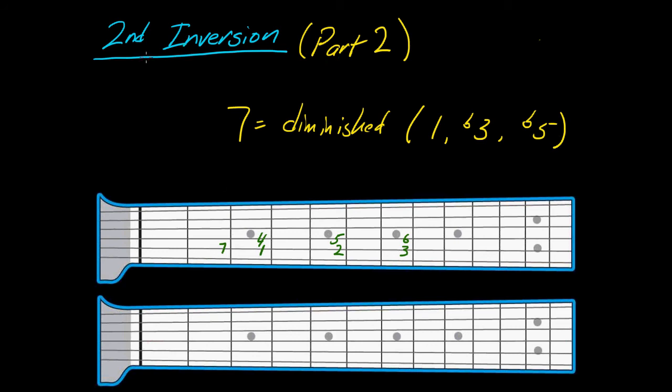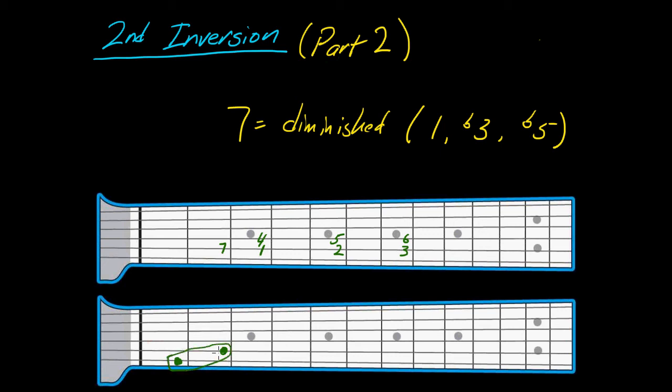So in order to play the second inversion for 7th chords, you find the root once again, and instead of going up 1 string and playing those two together like you did with the major and the minors, you go up one string but to the left one fret, and you play these two together.